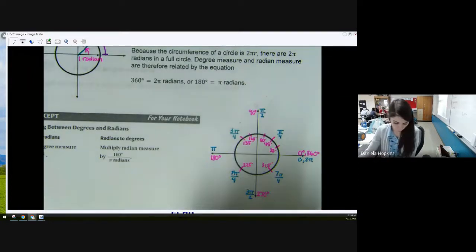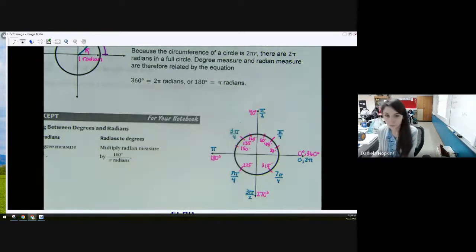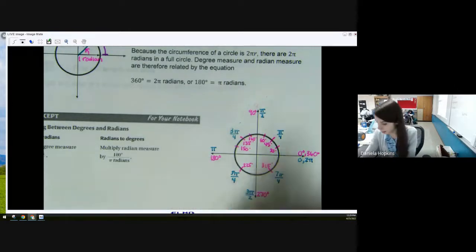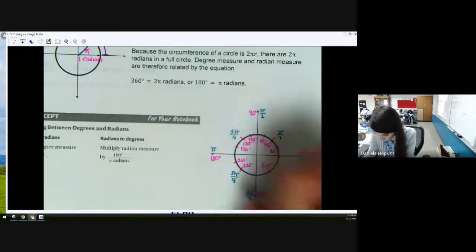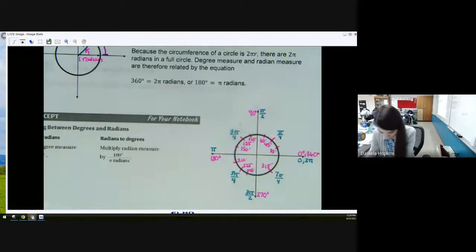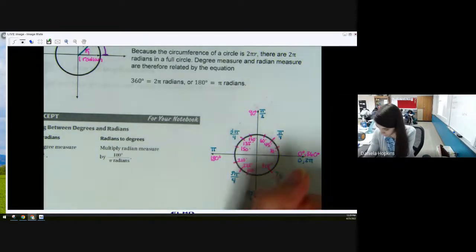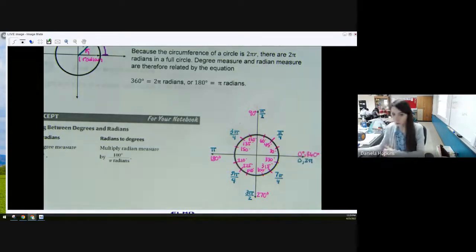Add another 30, you're at 150. Add another 30, you'd be at 180. 180 plus 30 gives us 210. 210 plus 30 will give us 240. 240 plus 30 gives us 270. 270 plus 30 is 300. 300 plus 30 would be 330. So that's going around and adding 30 in our degrees each time.